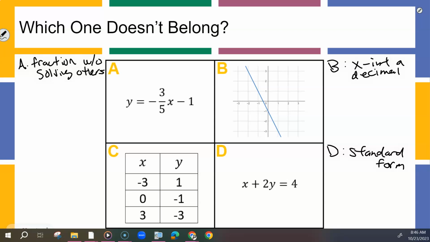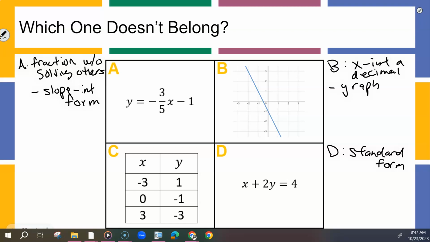This one, another obvious reason, just comparing them to the others, is the only one in slope intercept form. What would be an obvious thing just by looking at this that's different than the others? It's the only graph.